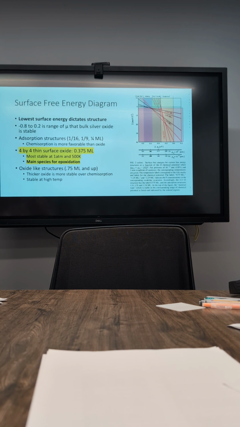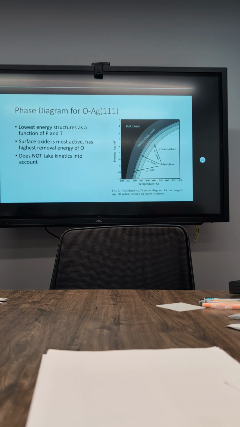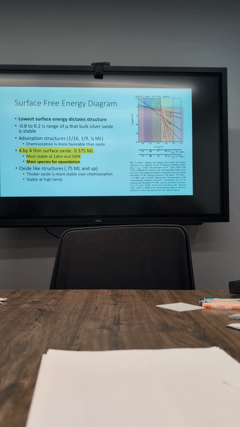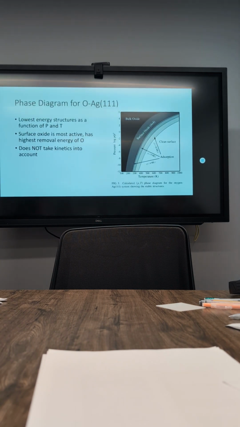Does this graph show the temperatures? Kind of. It shows it in relation to chemical potential, but I would look at this one, because this is the temperature and pressure phase diagram. So if I have a high temperature and a low pressure, then I'm going to be more in that clean surface area.